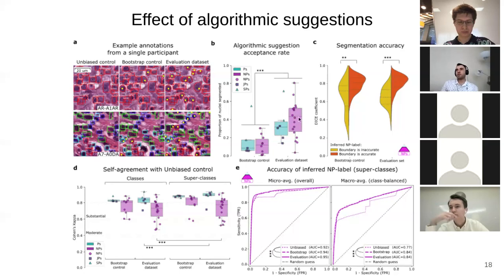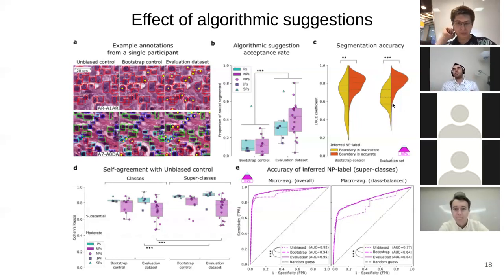For your annotations. What you're seeing in panel C here is that basically people click on a boundary when it is more accurate. So we have a small data set that we generated where we have manual boundaries, and we're comparing this to them. Let me put this in other words.